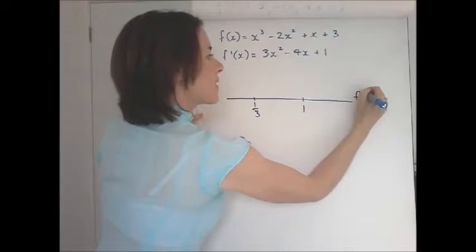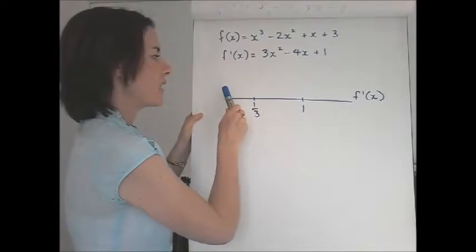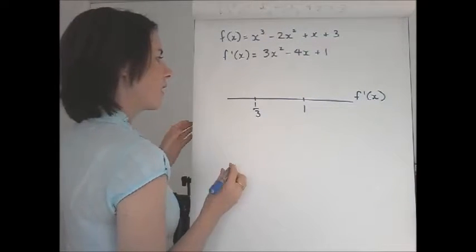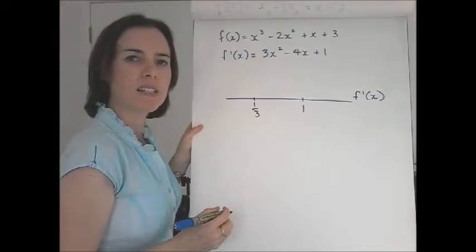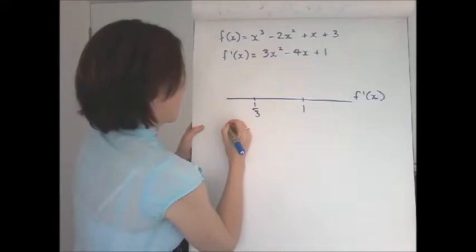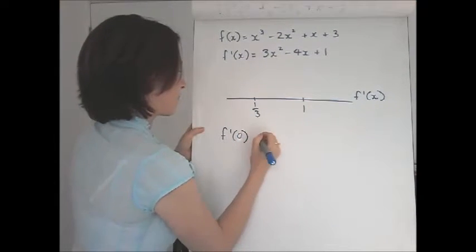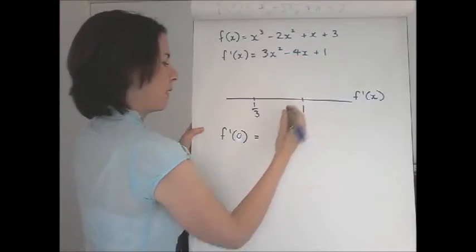And I want to test what sign the first derivative is at each of these regions that I've divided that line into. So if I choose a number that's less than 1/3, a nice easy one would be 0. And I sub it into f dash x.